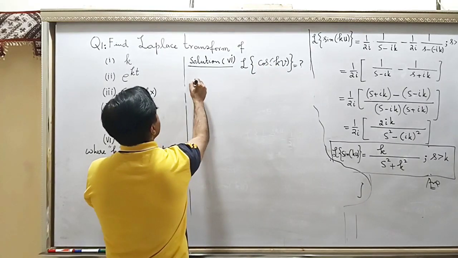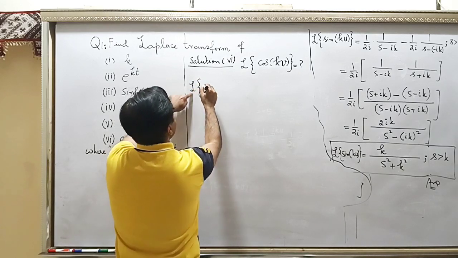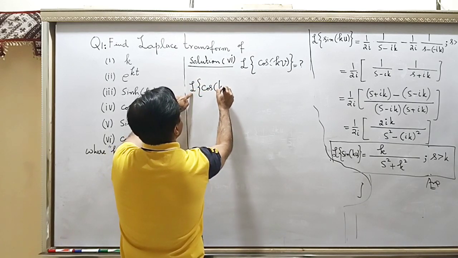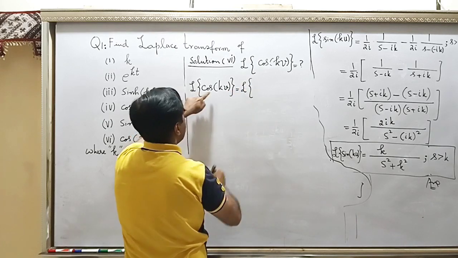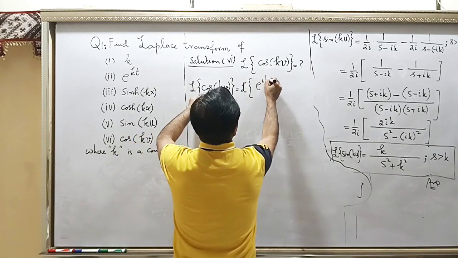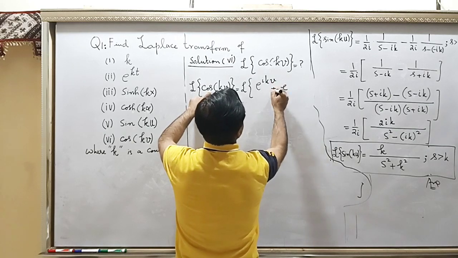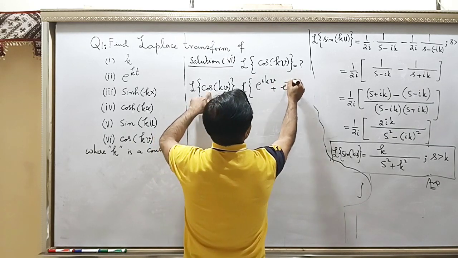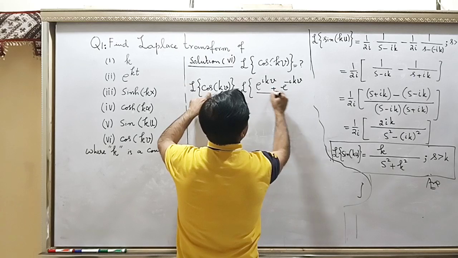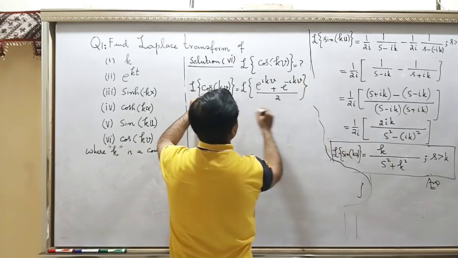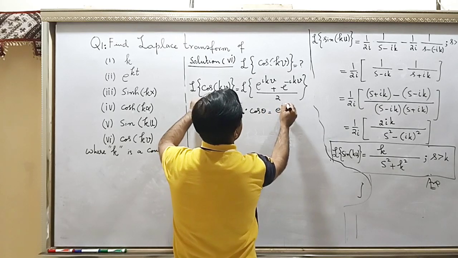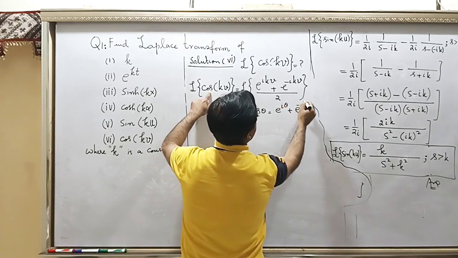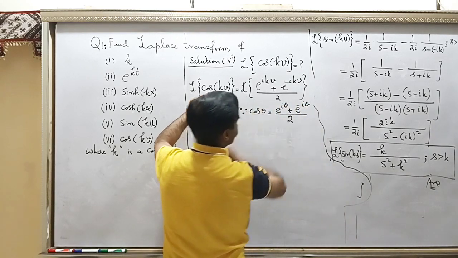Cos of kv. So the Laplace transform of cos kv, and write cos in terms of exponentials, e to the power i kv, in place of minus you have plus sign, e to the power minus i kv divided by 2, because cos of theta is e to the power i theta plus e to the power minus i theta over 2.